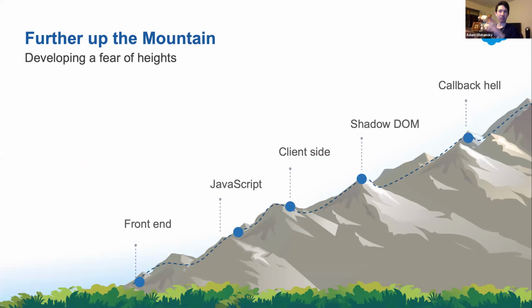Front end, JavaScript, client side, all these terms come in. I knew them enough that they weren't foreign to me, but I couldn't necessarily explain them in a good amount of depth. And I pushed them off to the side and figured I'd learn about it later without worrying about it too much, and kept going up my career mountain here.